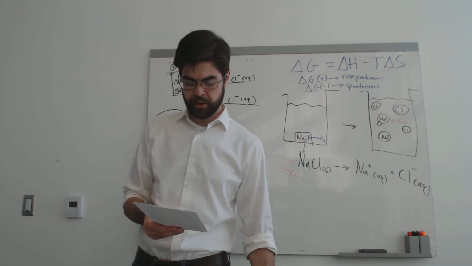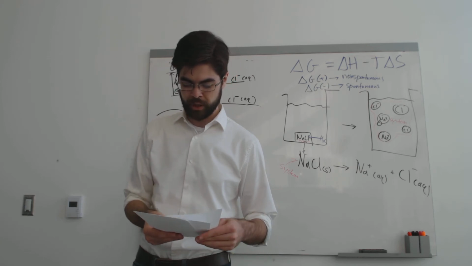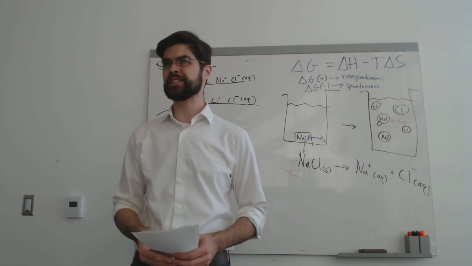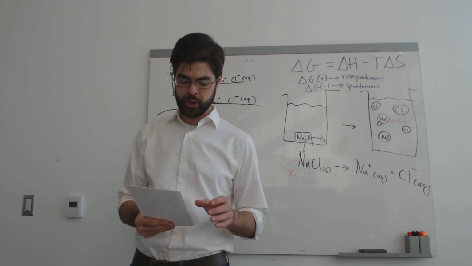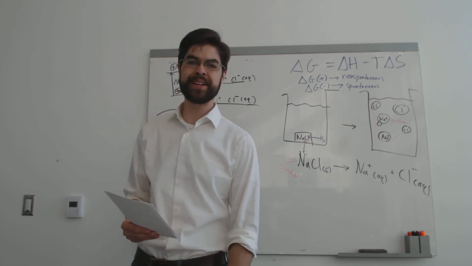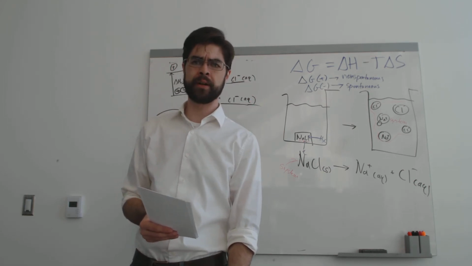How can we tell if it's endothermic or exothermic just looking at the equation? Can we do that? Short answer, no. You kind of can, but not just by looking at it. You have to use a little more insight.